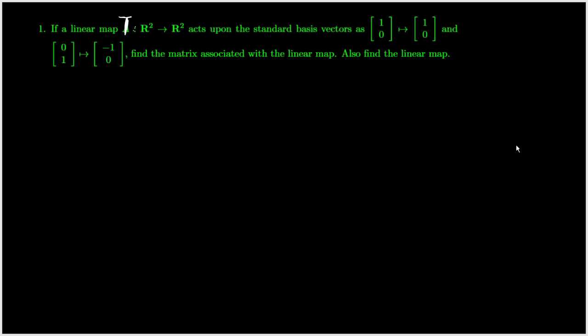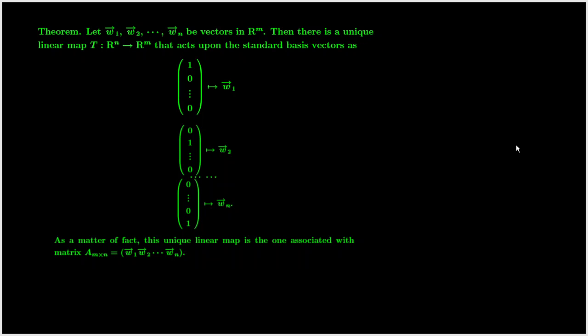Now, let's go back to the conclusion to see how to form the matrix. The matrix is formed by putting the components of all the outputs in columns. That's how you get the matrix.